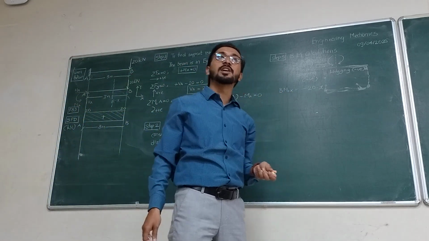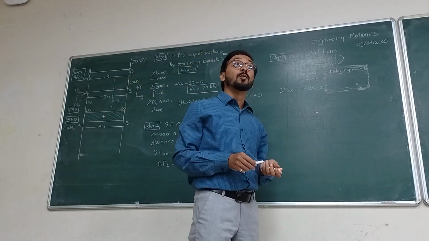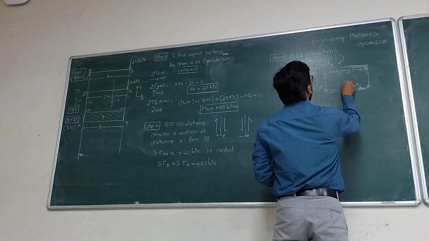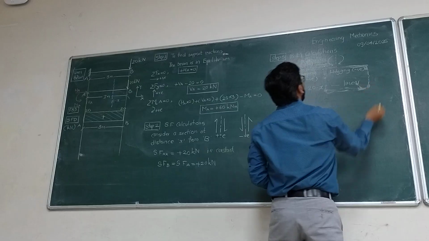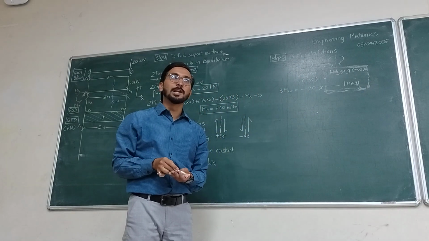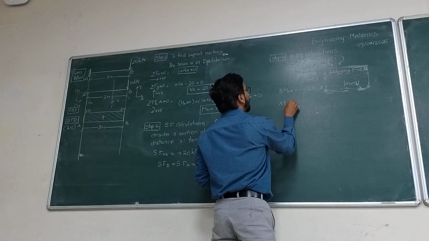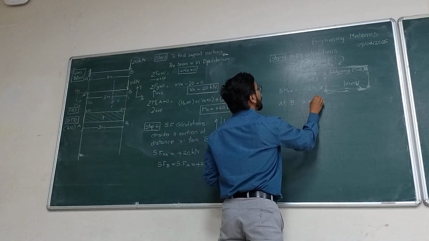What does the 20 into x indicate? This equation, what is the variation? Linear. So you can find out the values at B and at A. You know the variation. At B, x is equal to 0.